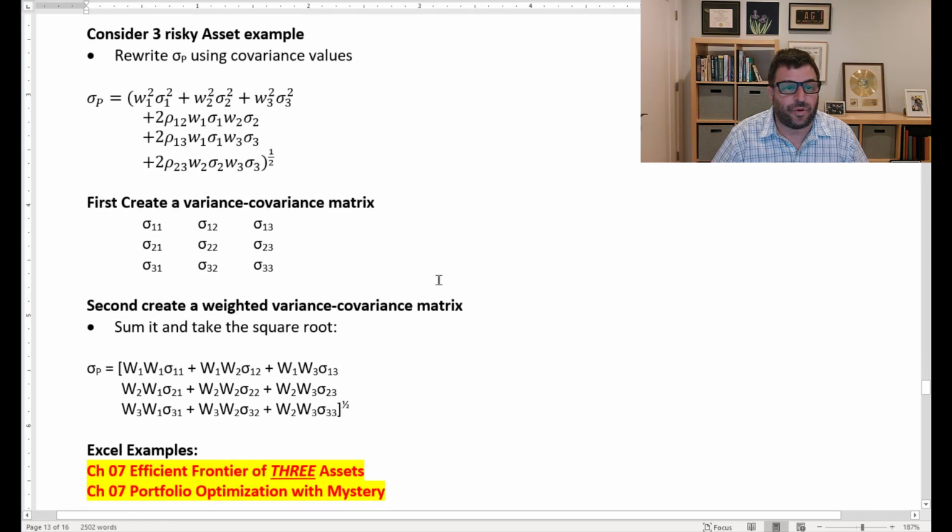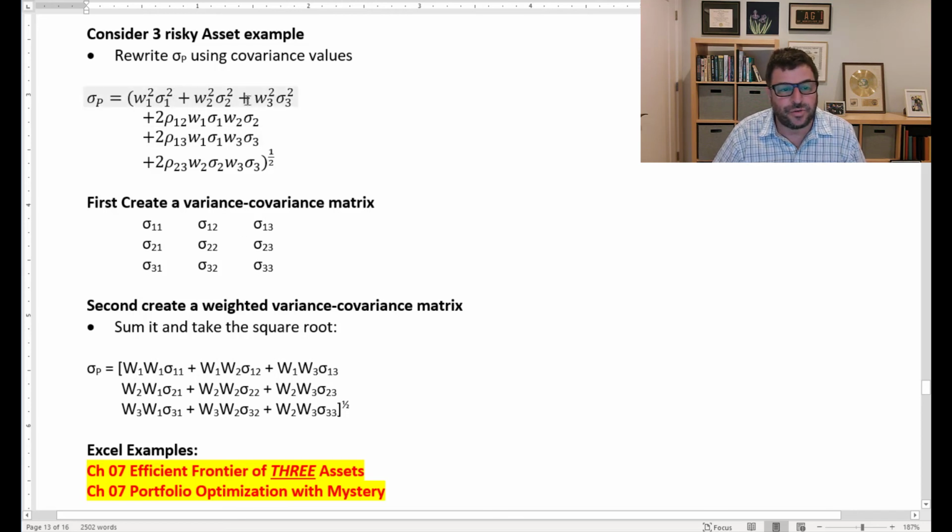So for example, if we have a 3 risky asset example, here's our portfolio risk equation from before, but we can write this as sigma 1,1, sigma 1,2, sigma 1,3, and then I can just multiply the weights. I can have W1, W1, sigma 1,1, W1, W2, and this equation here is exactly equal to this equation here, but written in this slightly different form.